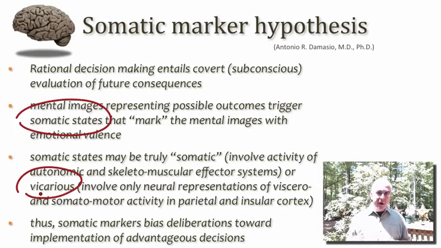As a consequence, without being able to bias our decision making towards future advantage, what we're left with is the allure of short-term gain, and we tend to act more impulsively without these somatic states biasing our decision making and our future orientation.